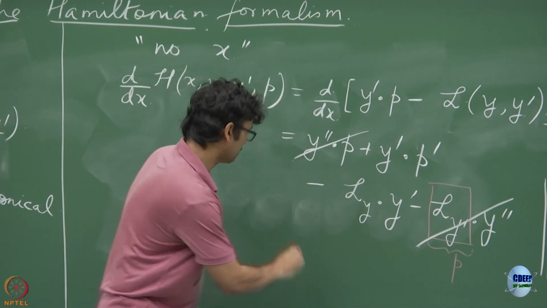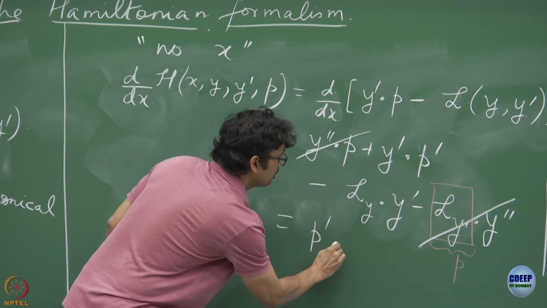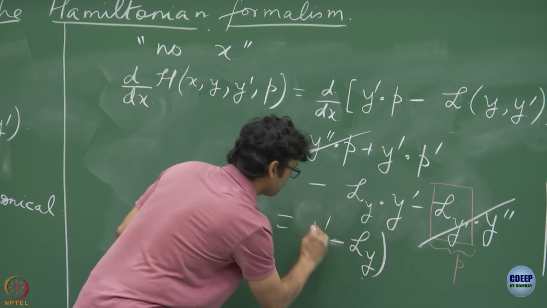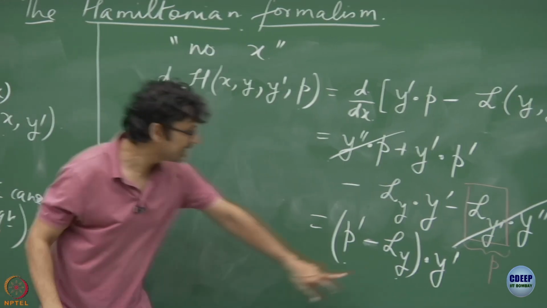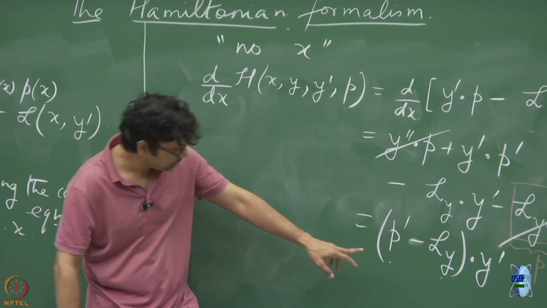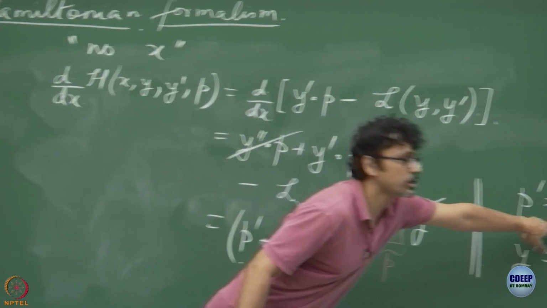I'm saying the other term, so this is p prime minus Ly dot y prime. And I'm saying this is also 0. Is it clear to everybody why this must be 0? Look at the canonical equation here.